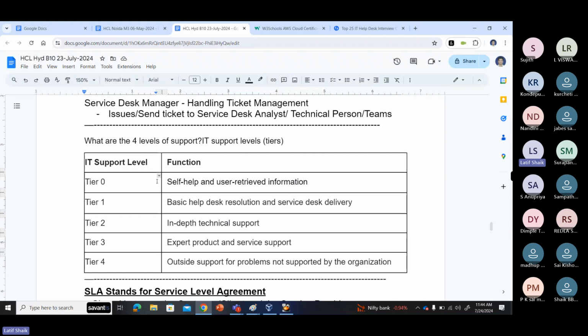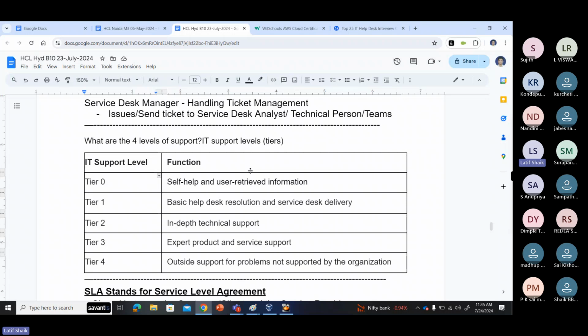They will ask, do you have the cable connected or not? Is the connectivity symbol showing in the system or not? Like that, they give some initial support, create a ticket, and escalate the ticket. That is level 0 service desk support.